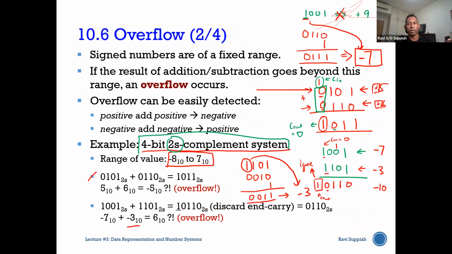Okay, so if you look at all these examples, when the most significant bit is 0, it is interpreted as positive, so there is nothing you need to worry about. But the moment the most significant bit is a 1, that is treated as a negative. So that is where the two's complement comes in. If I give you a negative number, then you need to do the two's complement to know the representation in binary.